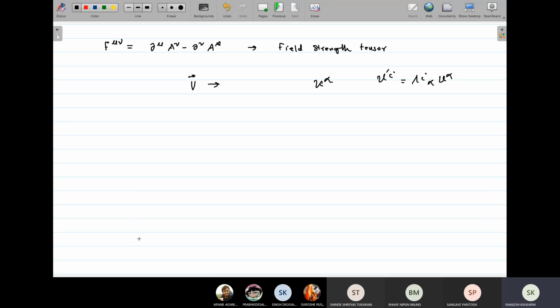This rule is different from the usual velocity transformation. Similarly, your electric field and magnetic field will transform in a complicated way. They won't transform as the 3 components of some 4-vector.